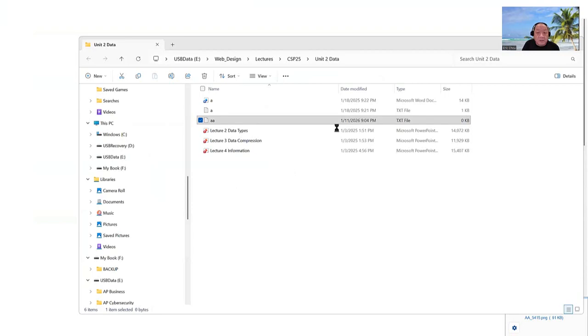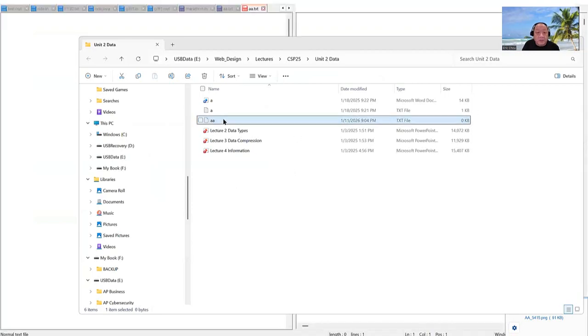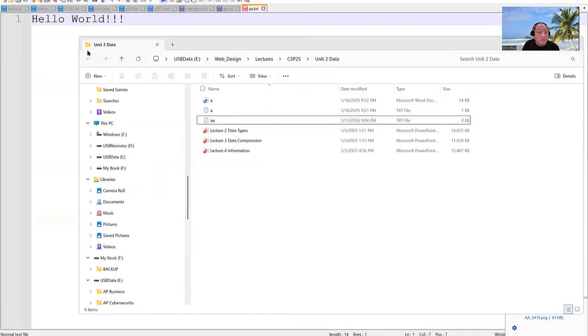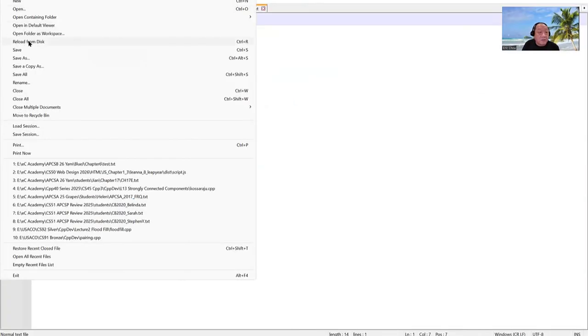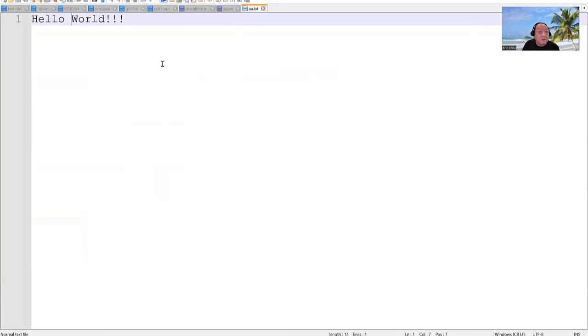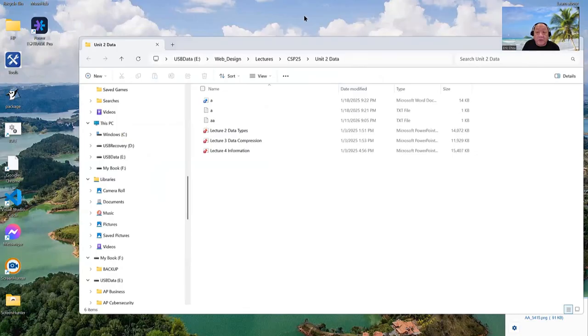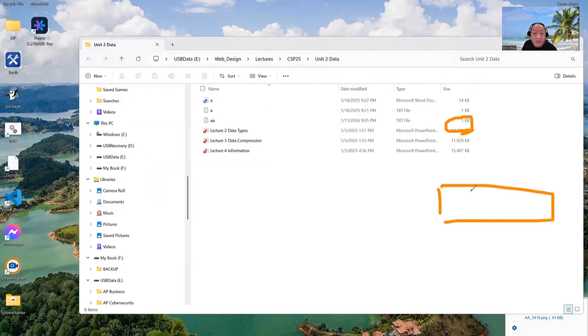Let me open it again. This is hello world. Let me save it and close it. Right now it says 1K byte. Why is it 1K byte? Because the smallest file Windows allows is 1K. They will allow you 1K anytime. Is that okay?